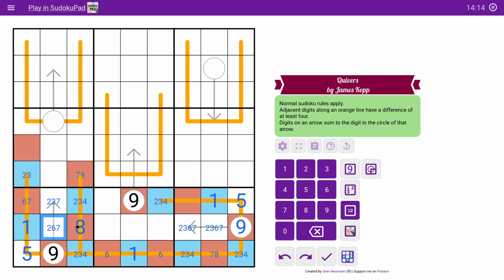This is definitely not a 6. Even if it just feels weird. I feel like I'm supposed to get some greater deduction out of this.